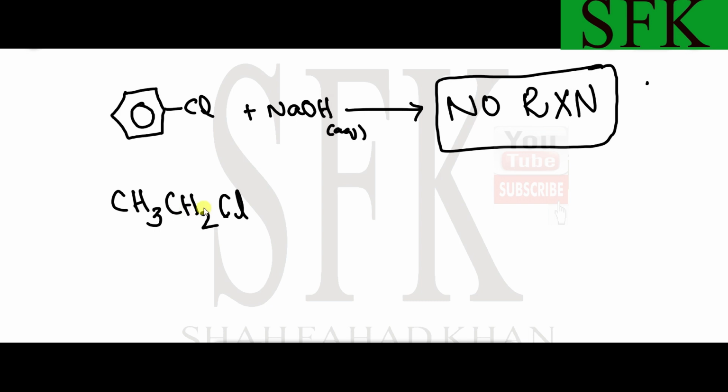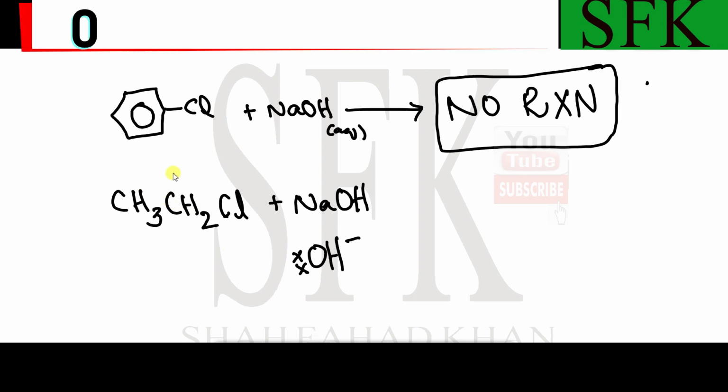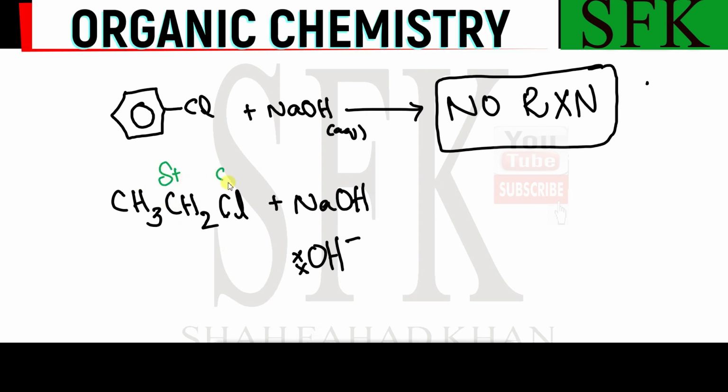If we recall AS level, the nucleophilic substitution reaction of alkyl halides, for example, if I have ethyl chloride and it is reacted with NaOH, the OH negative from NaOH is the nucleophile. It attacks the carbon atom with the partial positive charge, due to the difference in electronegativity.